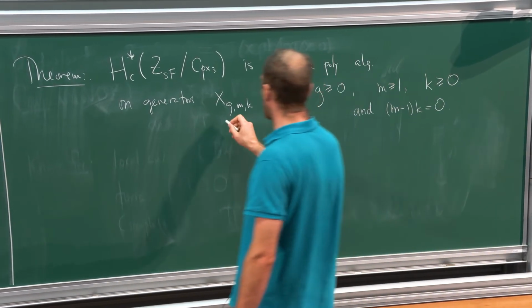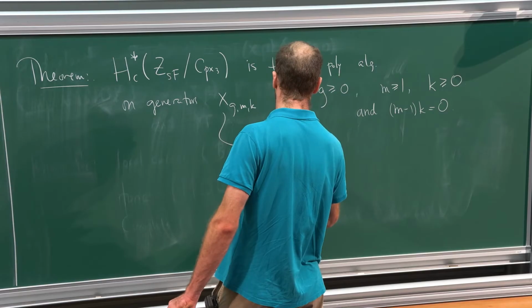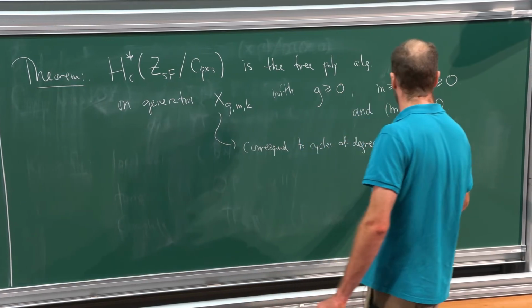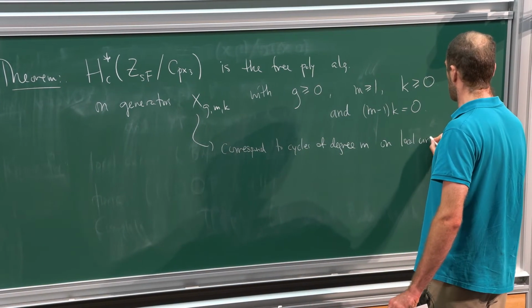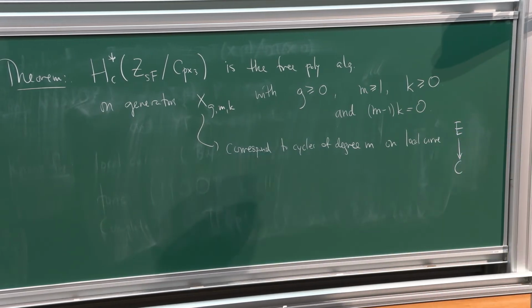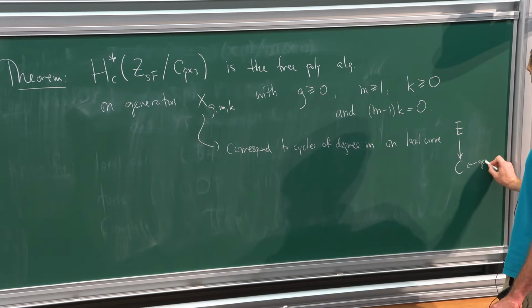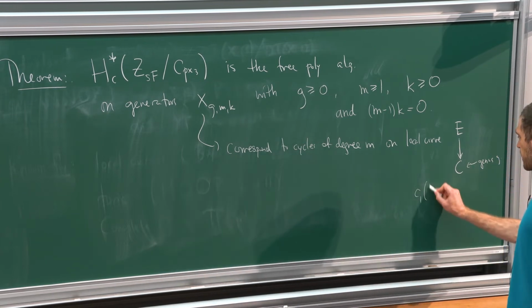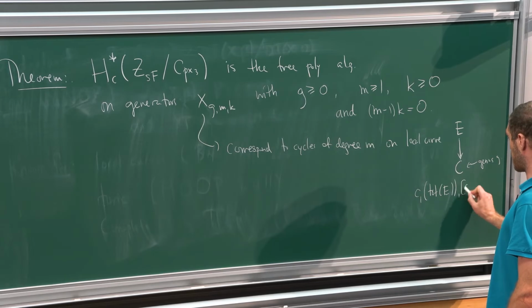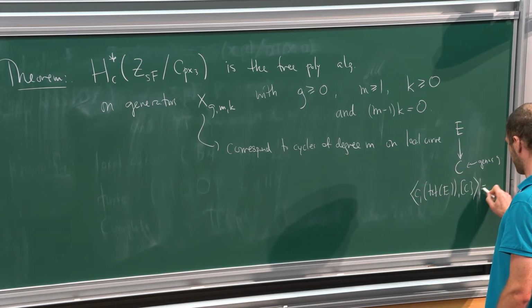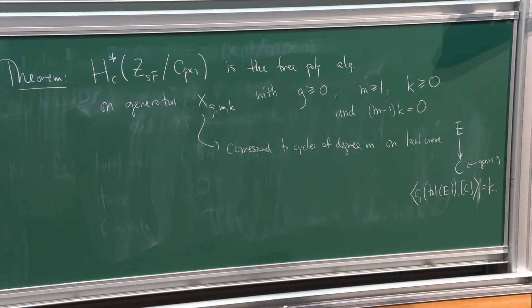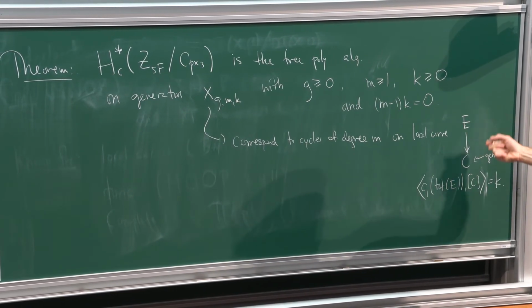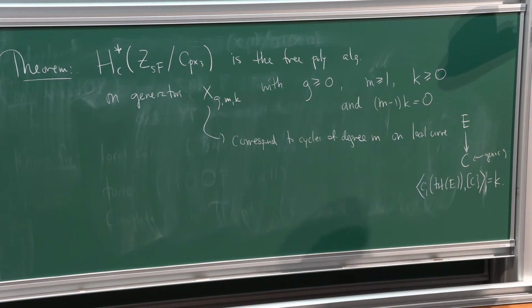Those are the generators. And these correspond to cycles of degree M on a local curve, where C is of genus G, and the first Chern class of the total space of E paired with the zero section is K. Yeah, so roughly speaking, they correspond to counting exactly this, counting cycles of degree M on this local curve.